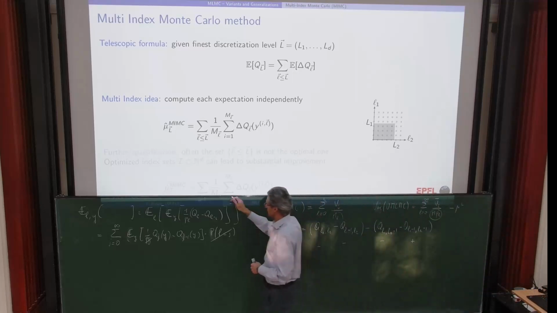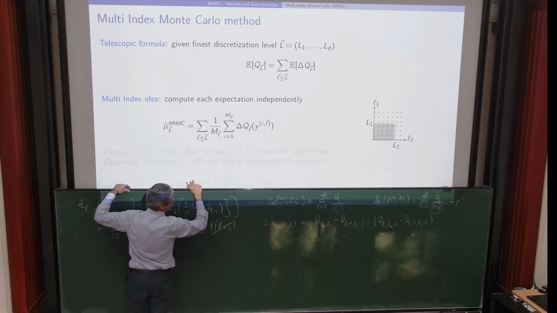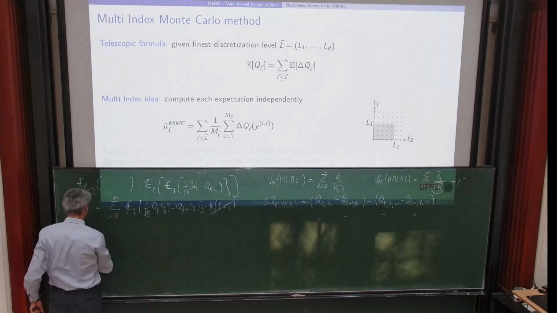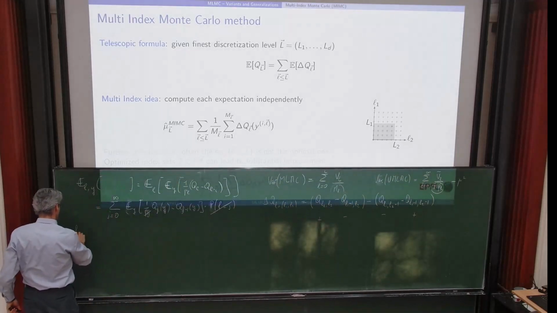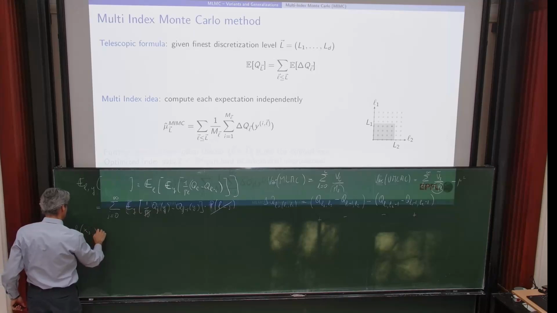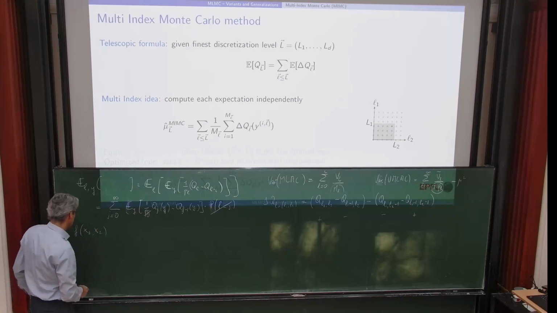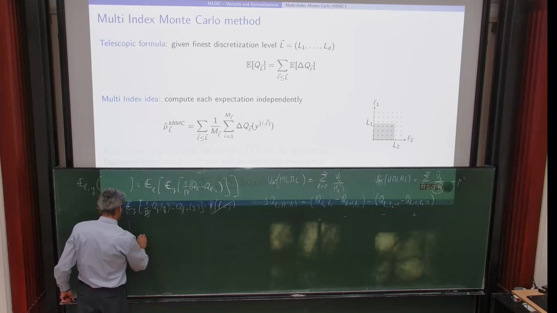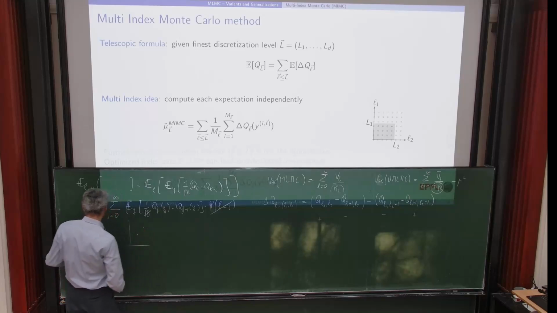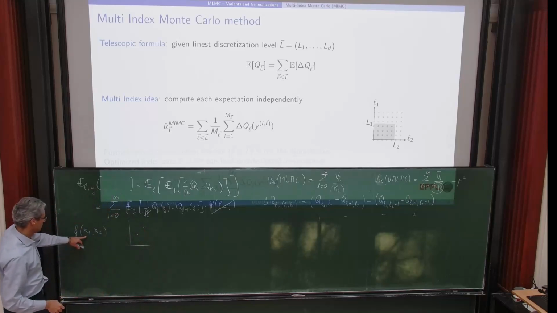Let's say you just want to approximate a function. Let's say I have some function of x1, x2, and I consider some double difference taking some increment.